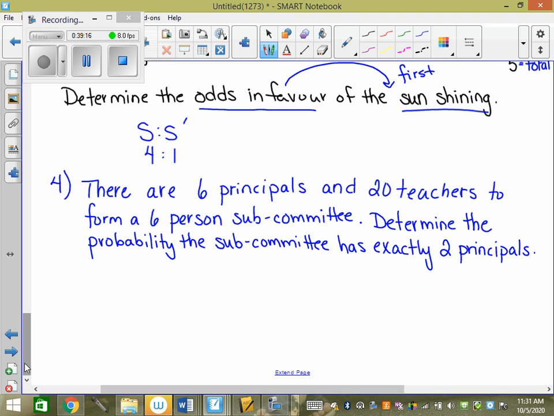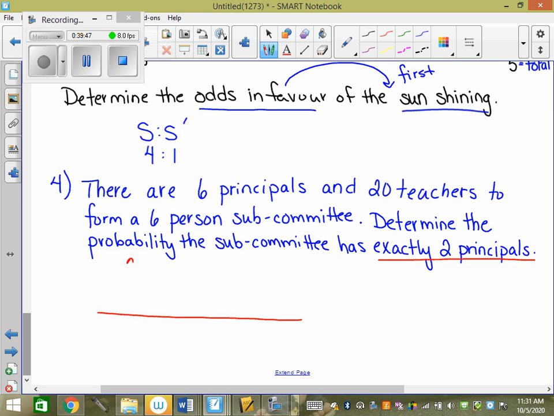People get so overwhelmed with these. They're not overwhelming. They're only overwhelming if you don't know your perms and combs questions. But it's literally just the perm and comb question on the top divided by total no restrictions. Okay? So let's think about this. It says, determine the probability the subcommittee has exactly 2 principals. Now, the word probability affects the top, correct? So on the top, I need to have 2 principals.